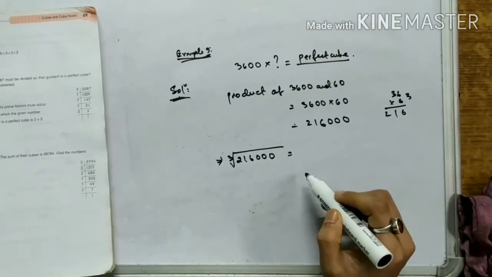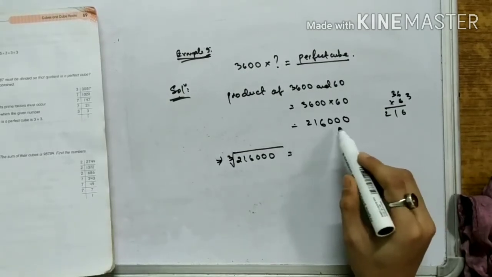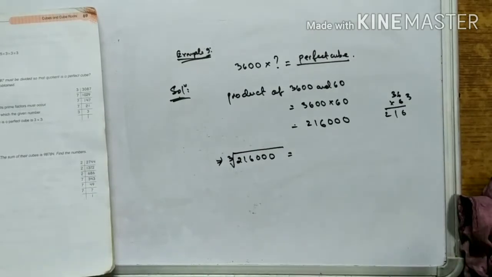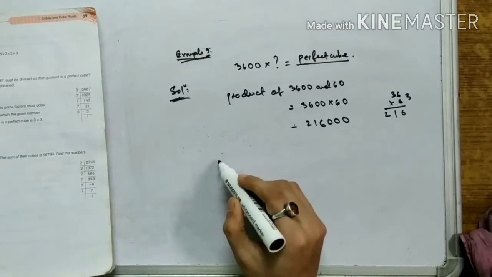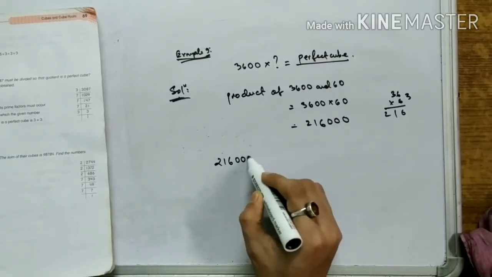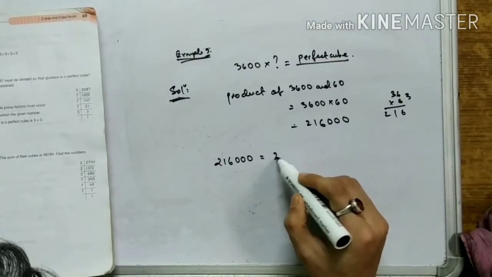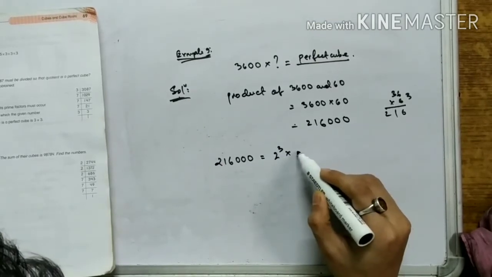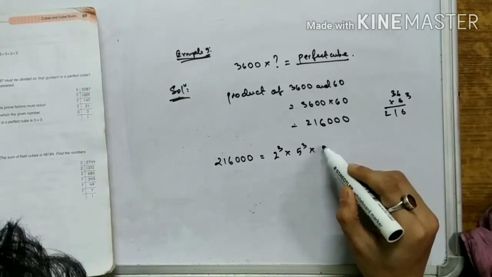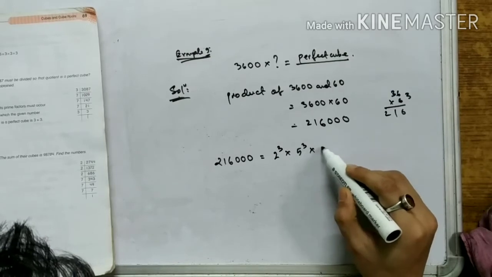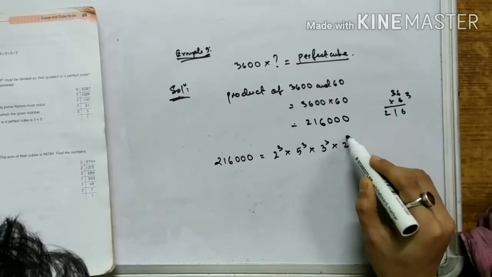So first of all I will write the prime factorization of 216000. You see, already we have got 2 cube, then we will get 5 cube, then 5 cube, then 3 cube, then again 2 cube.